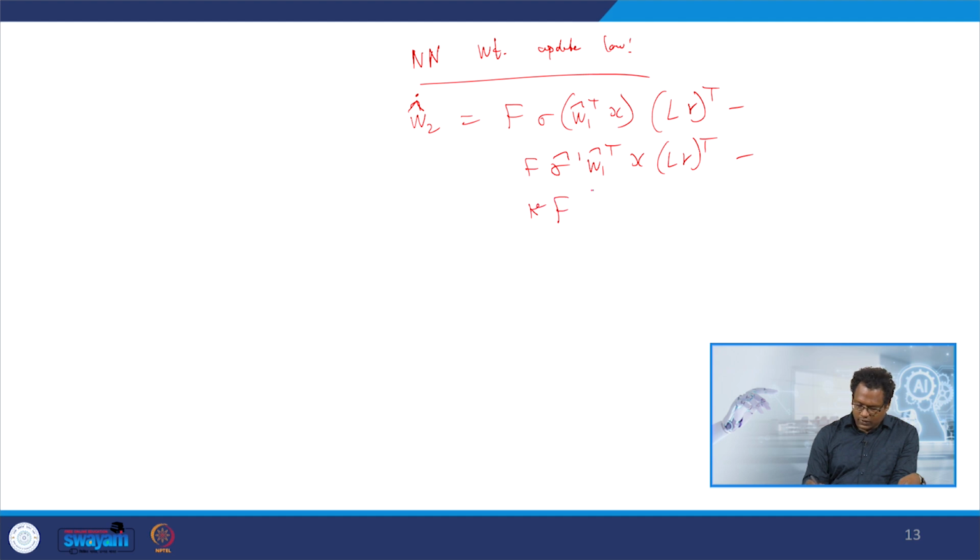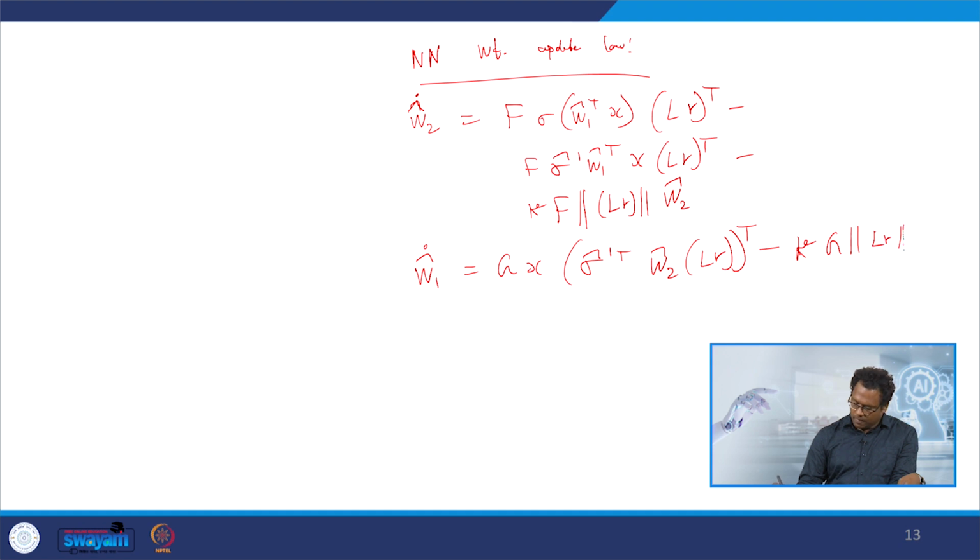minus kappa into F multiplied by norm of L into R multiplied by W2 hat, and then W1 hat dot is given by G into X into sigma hat prime transpose into W2 hat into L or whole transpose minus kappa, the small constant, multiplied by G into norm of L multiplied by W1 hat.